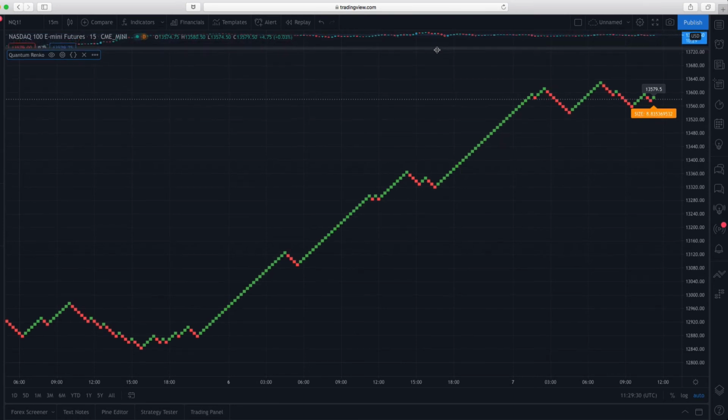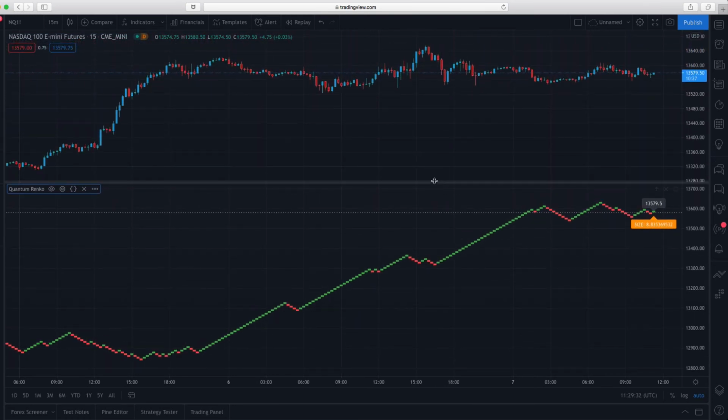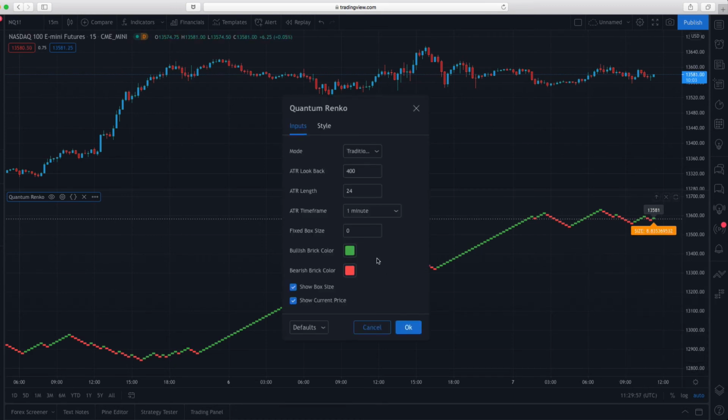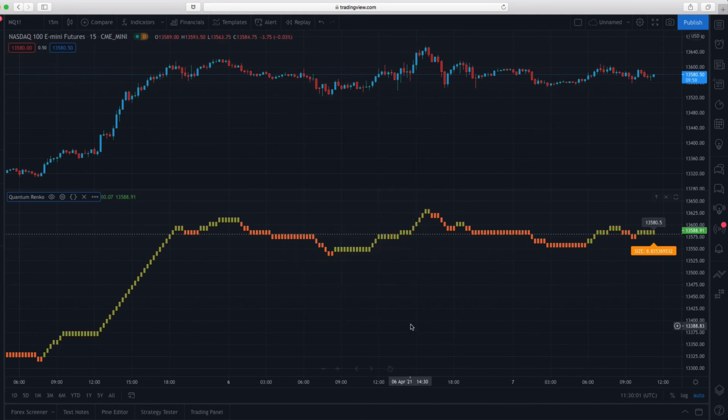But one of the other beauties of using a renko attached to a time-based chart, or immediately below a time-based chart, is that on the time-based chart, obviously, we would have volume. We're a volume methodology company, and that will give you the direct relationship between the volume price analysis on the time-based chart and the equivalent renko when we switch back to the time accurate version, which I can do there, and we just click the OK.